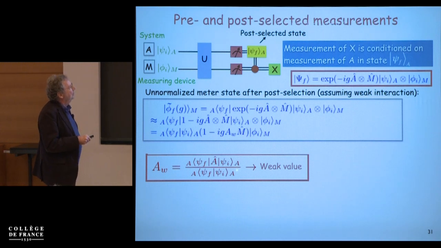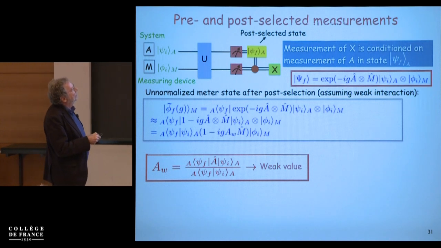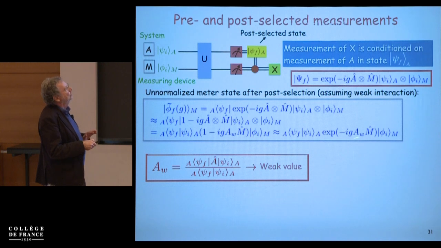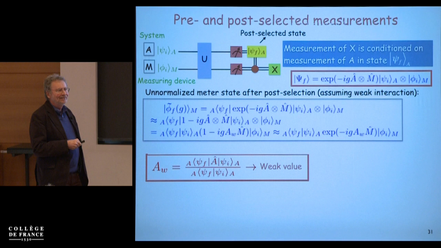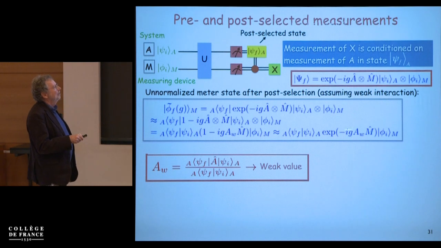Now, this expression that shows up here is a funny expression. It is the matrix element of A between psi I and psi f divided by the scalar product between psi I and psi f. That's called the weak value of A. You see from this expression here, now we can go one step further. We can reconstruct the exponential, again assuming a weak coupling, and then we get this exponential here.